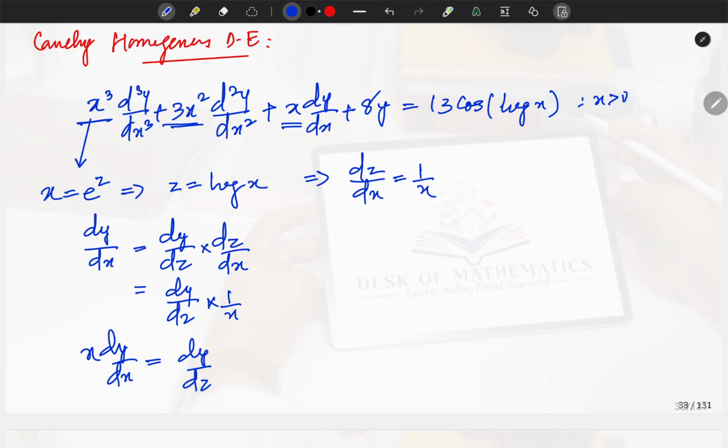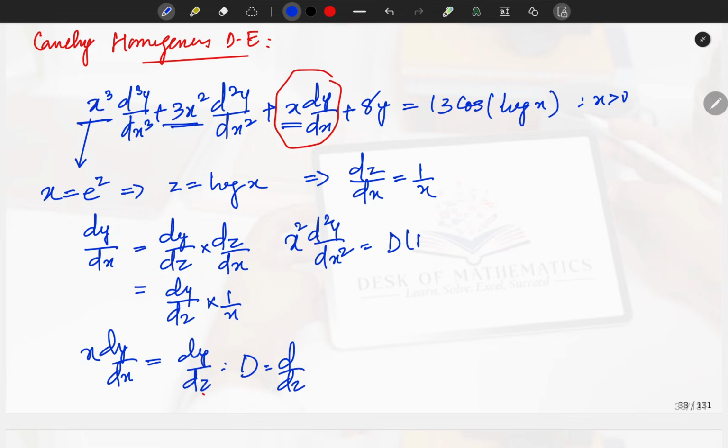So we have this term x dy by d of x as dy by d of z. Similarly, we have d square y by dx square, with the x square. If we write dy by dz as D, where D is equal to d by d of z, it will be equal to D into D minus 1 of y.